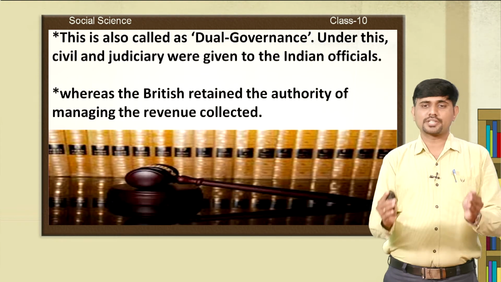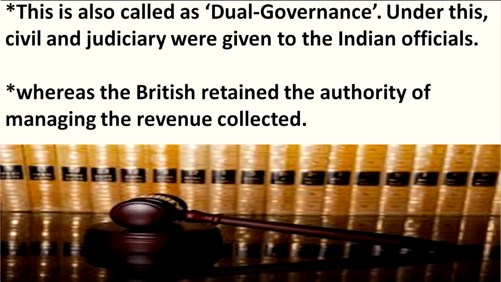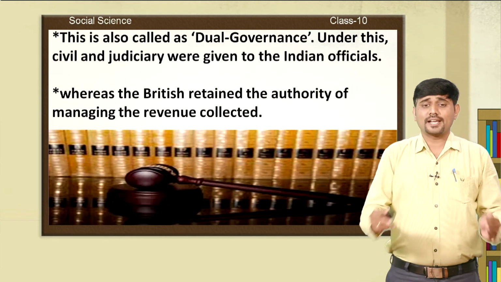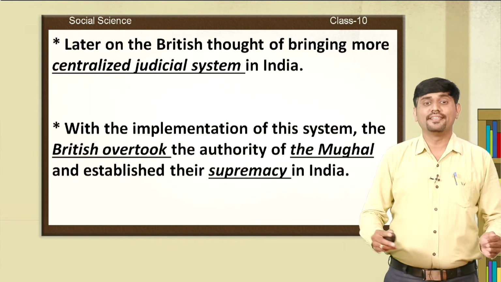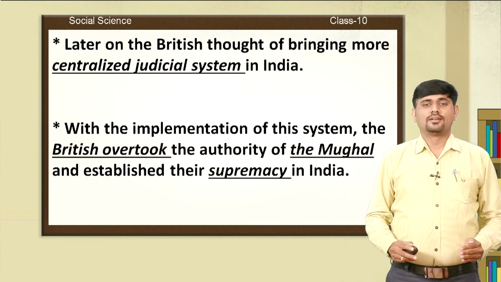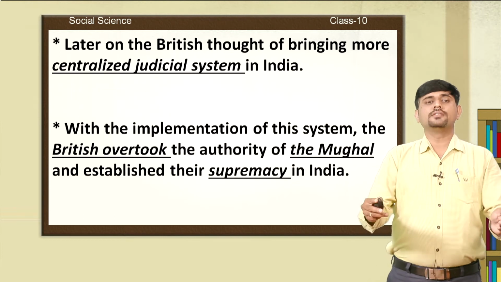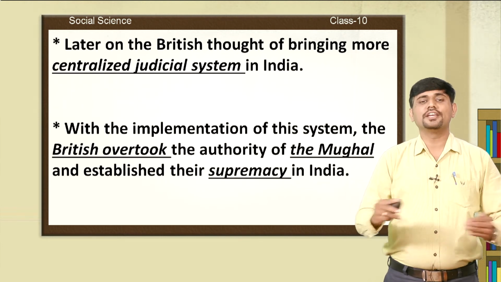One government was headed by the Indians, so the Indians were supposed to look after the civil and judiciary issues. Whereas the British retained the authority of managing the revenue collected in the provinces. That is how dual governance came into existence in India.